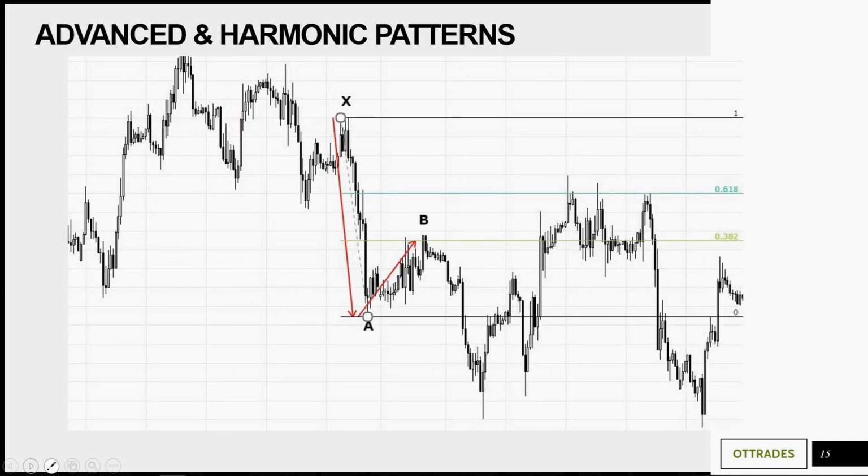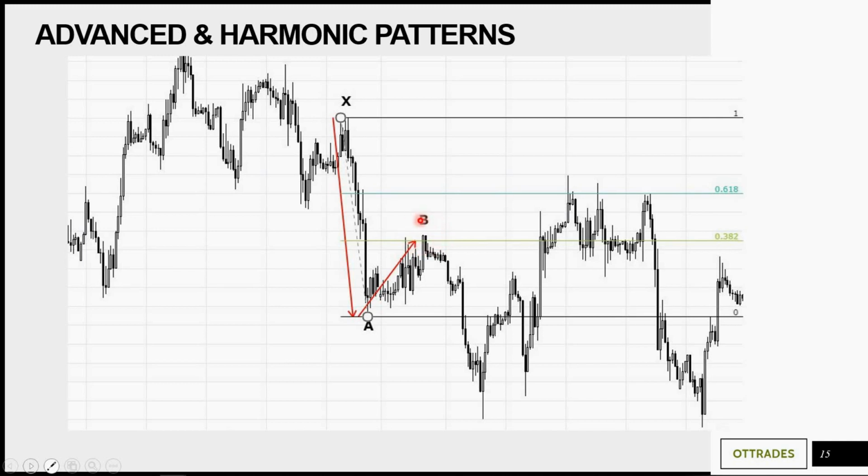Next we have our B point. Now the B point for a Cypher pattern has specific rules relating to the Fibonacci retracement from X to A. So you can see here, we've had our impulse leg down from the initial start of the pattern to the A point, X to A. We stretch our fib from the swing high to the swing low, and we have specific rules for our B point to form.